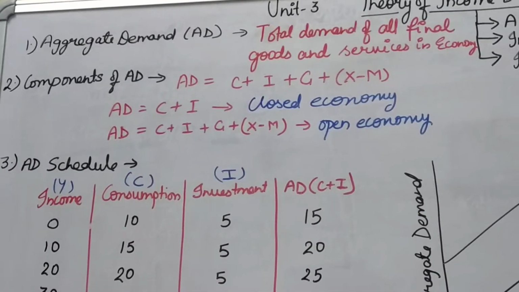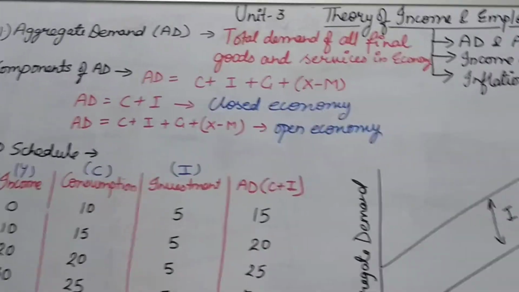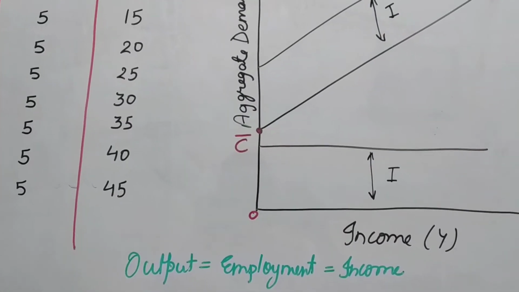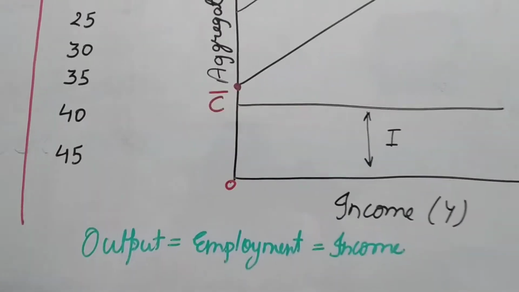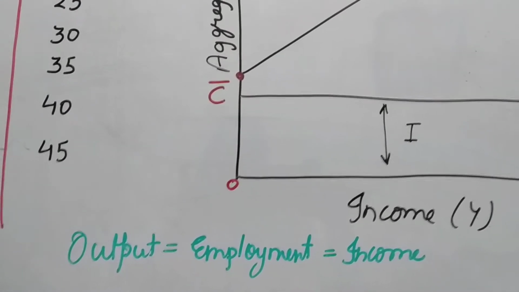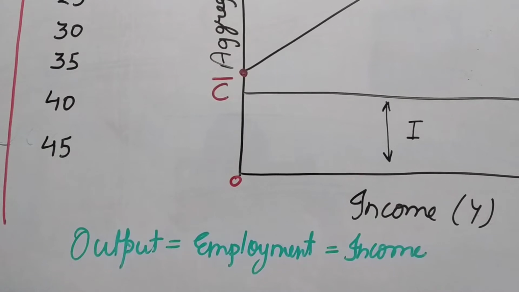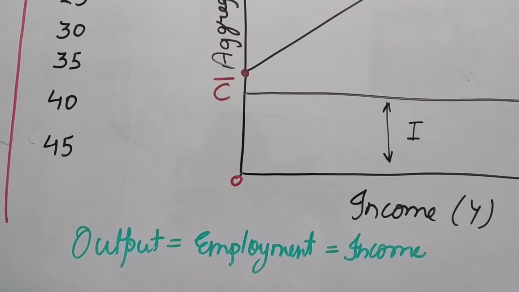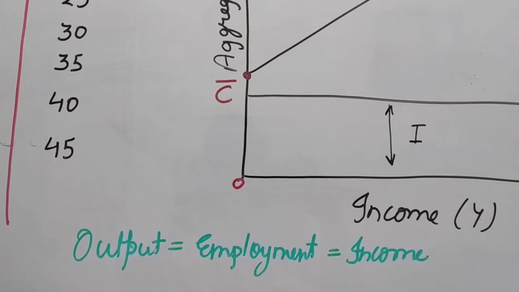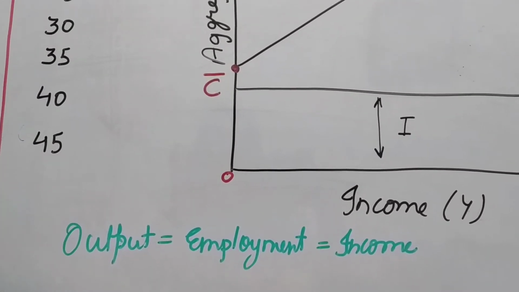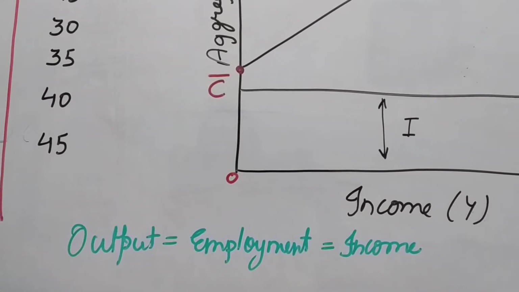Before I start this theory, one thing you have to remember in this whole chapter, which I have written over here: output is equal to employment is equal to income. This theory is given by Keynes, and you can read this line in the introduction part of this chapter also, that according to this theory, output is always equal to employment and income.